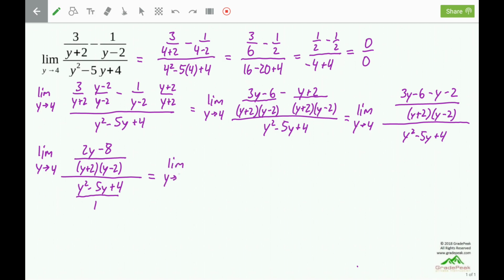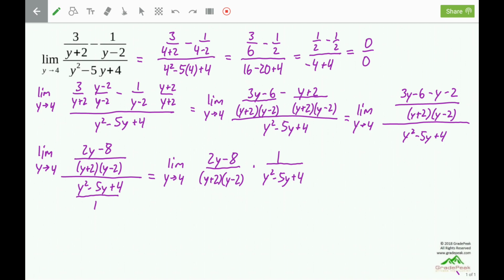That's always part of the step in the common denominator fraction type of the 0 over 0 indeterminate form limit. You always get a common denominator, you combine the fractions over the common denominator, and then you reciprocate the overall denominator and multiply it. So this will be multiplying 1 divided by, the reciprocal is, flip it upside down, 1 divided by y squared minus 5y plus 4.